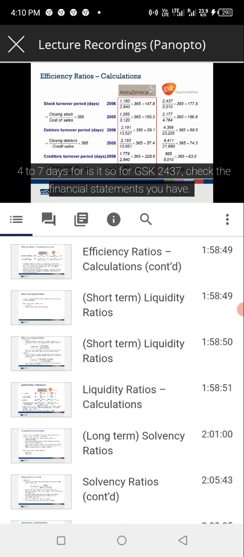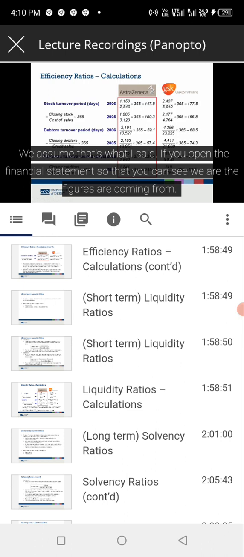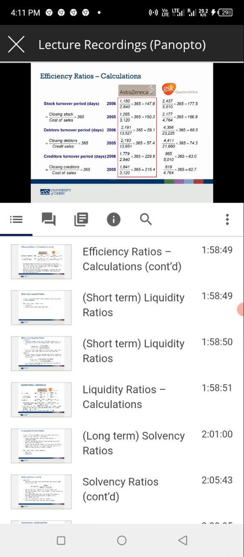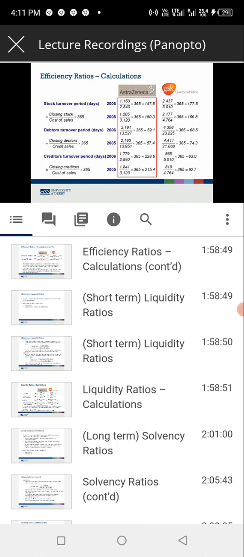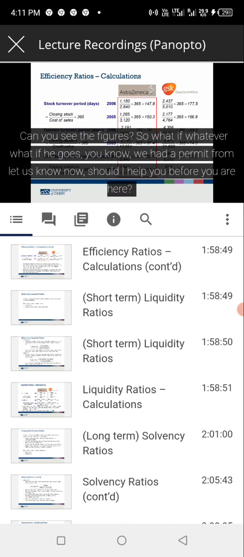So for GSK, 2437. Check the financial statement you have with you. That's why I said you should open the financial statement so that you can see where the figures are coming from. Can you confirm the figure? Can you all see the figures?